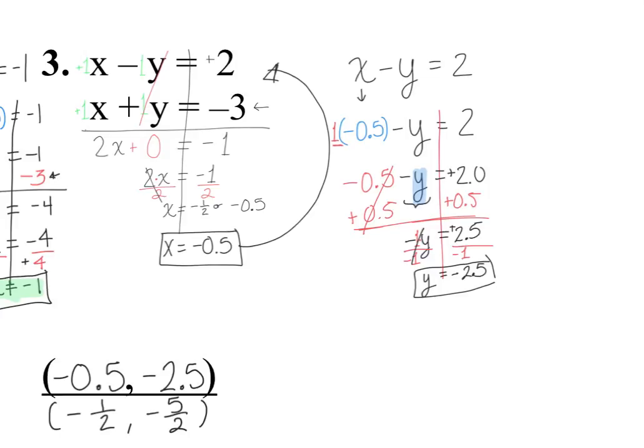Since I am talking about a graph, so for graphing purposes, I would probably do decimals so that I know exactly where this point is. Like I know that this point is at negative 0.5 comma negative 2.5. So just keep in mind that sometimes we use decimals because that's easier, and sometimes we have to use fractions because that's more convenient for us.